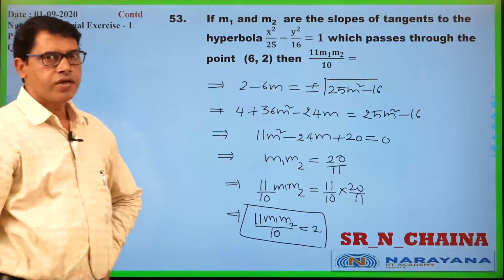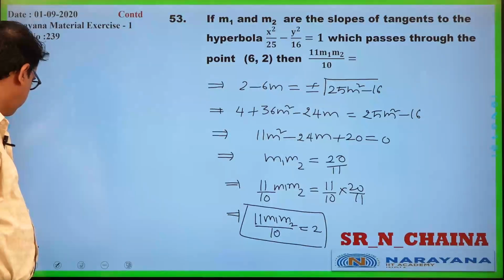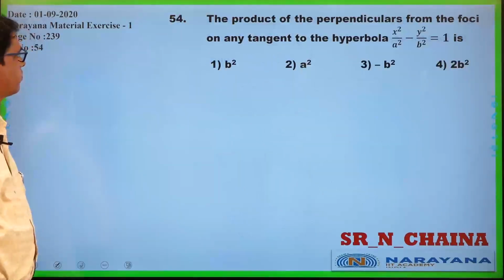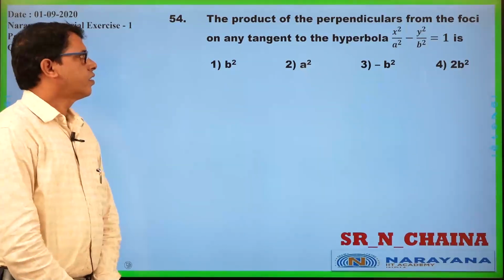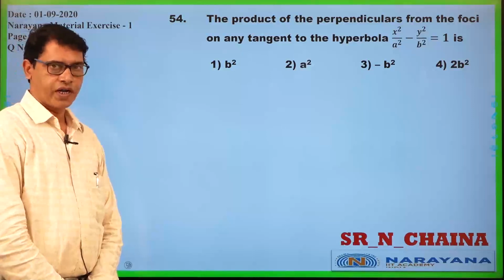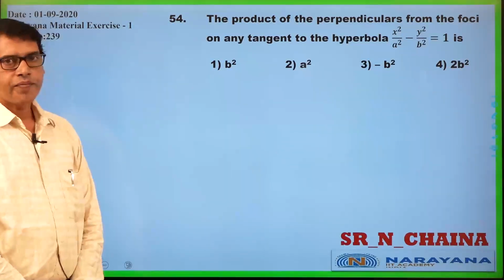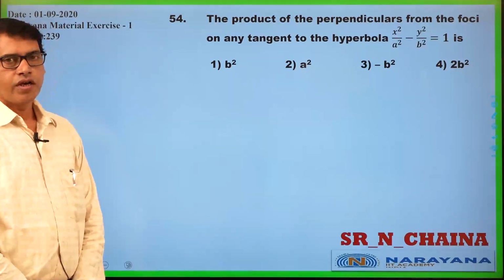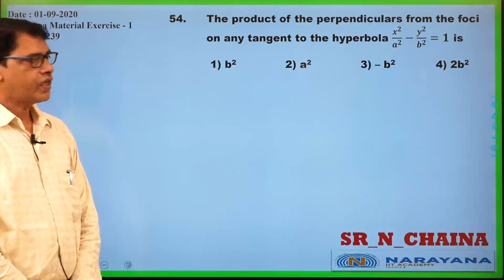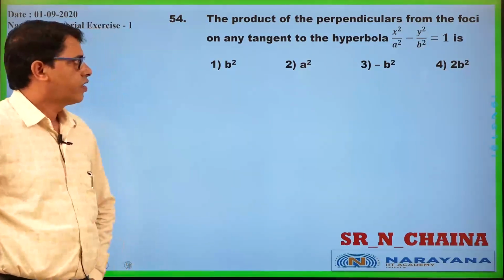Then next, question number 3. See, here the product of perpendiculars from the foci to any tangent to the hyperbola x square upon a square minus y square upon b square equals 1 is.